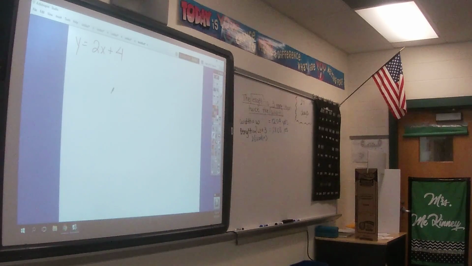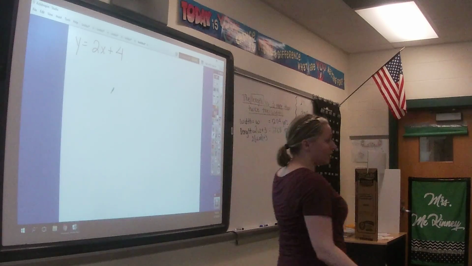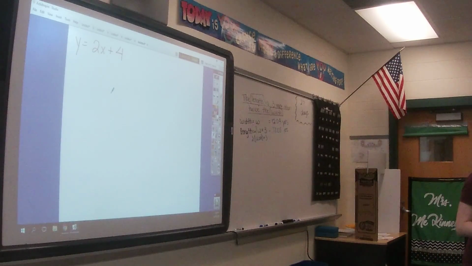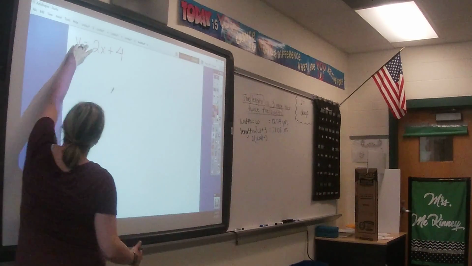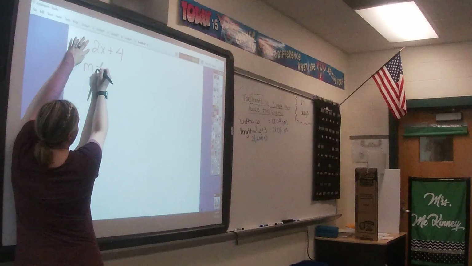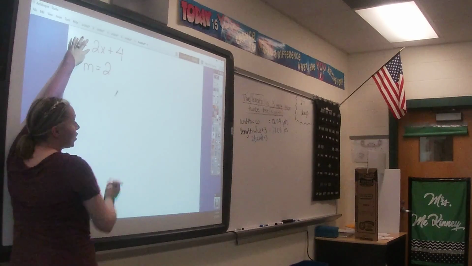So if we have something like y equals 2x plus 4, and we want to find our slope and our y-intercept, we are just looking to see what number is sitting in the correct location. Our slope is whatever's sitting with x. So our slope, or our m, is going to be 2.